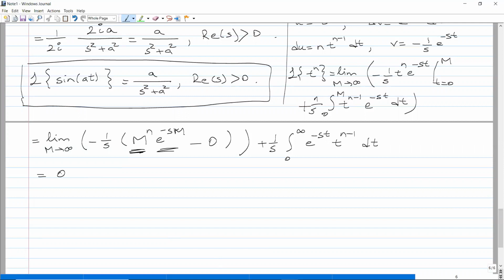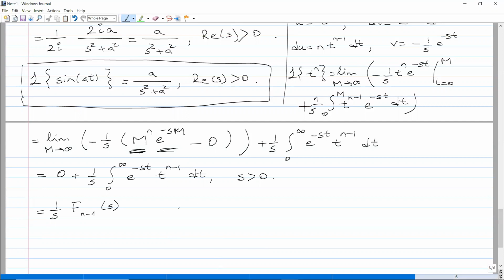So this limit is 0 when the coefficient of m is negative, which is when s is greater than 0. So we have n over s times this improper integral, which is the definition of the Laplace transform of t to the n minus 1, which I called f sub n minus 1.